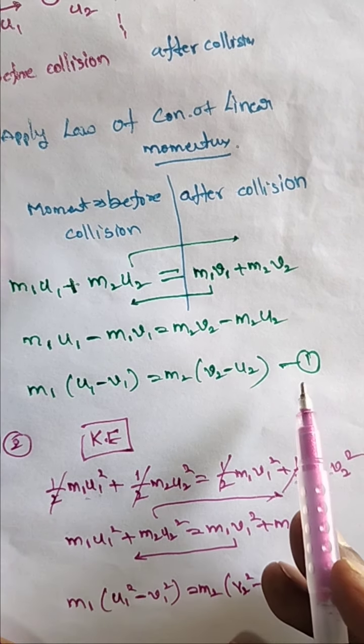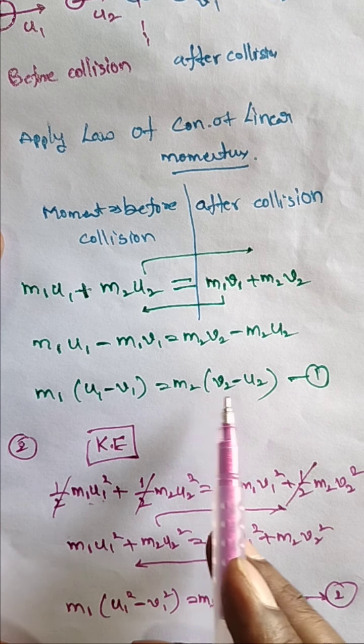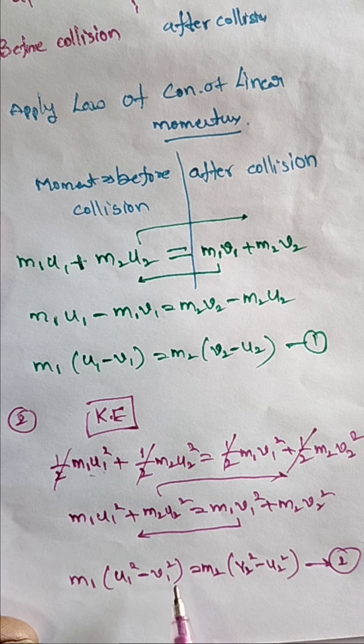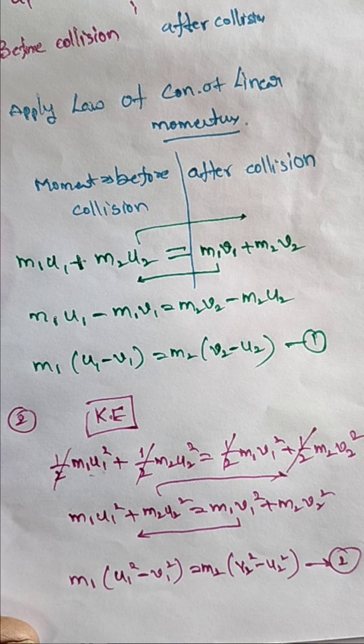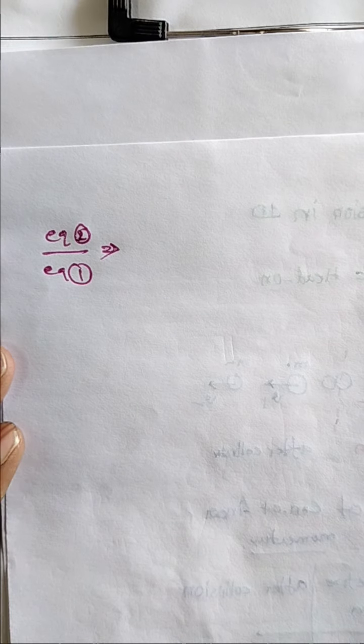Okay, this is equation number 1: m1 (u1 minus v1) is equal to m2 (v2 minus u2), and the second equation: m1 (u1 square minus v1 square) is equal to m2 (v2 square minus u2 square). Now dividing equation 2 by equation 1.